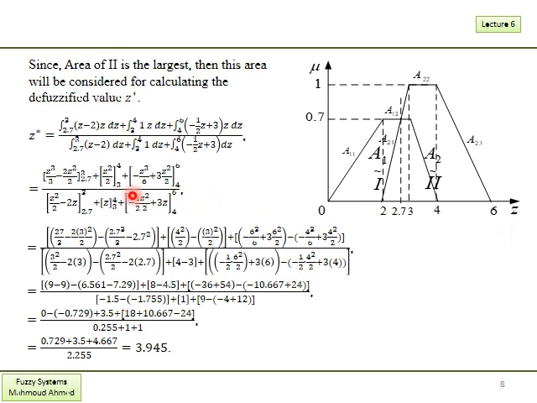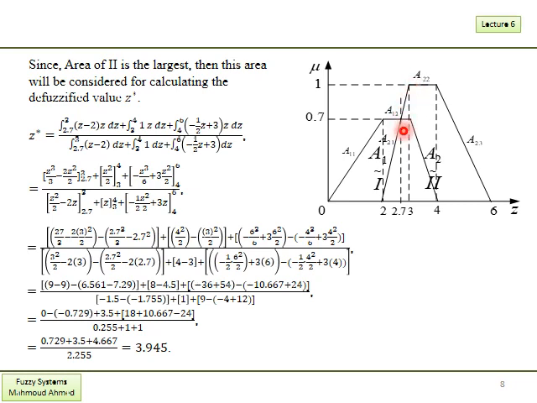So Z star in this case, simply apply the centroid method we have explained before by subdividing the membership functions into definite straight lines and then calculate for each region the integration. Okay, for the first region, we simply begin from here. So this is our straight line.